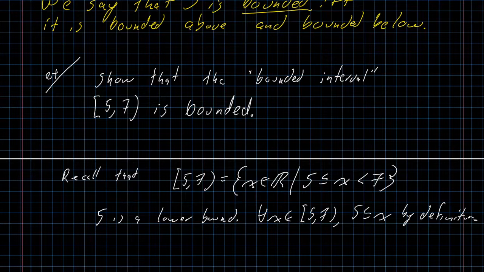Five is pretty obviously a lower bound because for everything in this set, 5 is less than or equal to that thing by the definition.